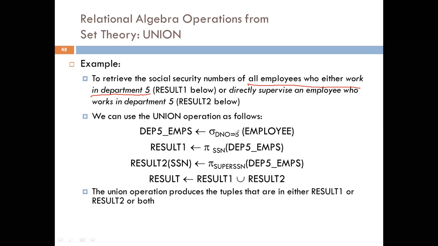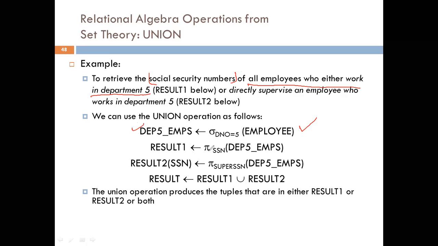This will extract all the employee tuples who are working in department number 5. Then in the question it is asked that we need only the social security numbers, SSN. When we apply the select operation, all the attributes will be present, so within this we have to extract only the SSNs.